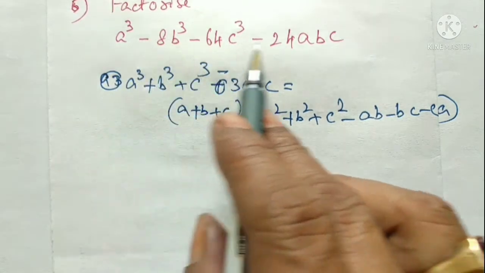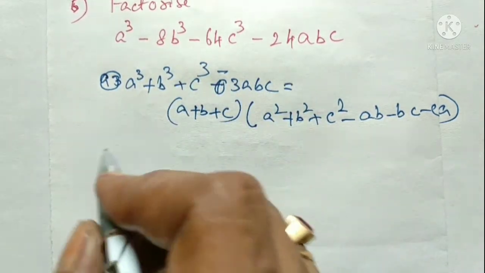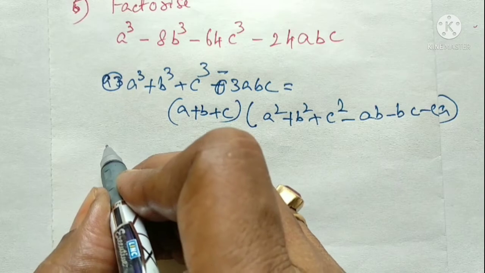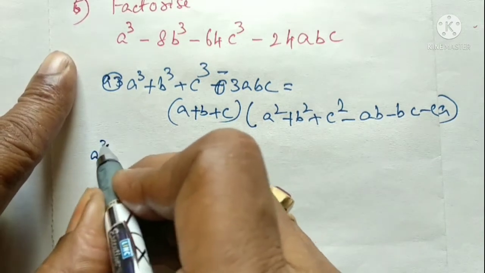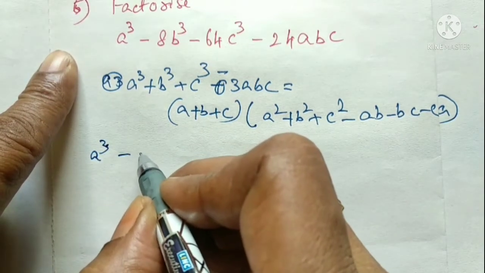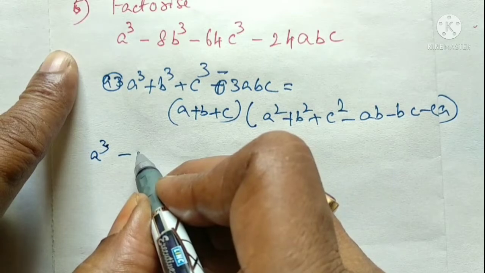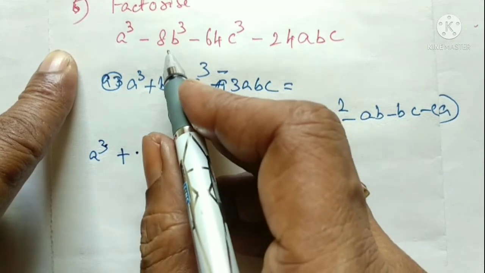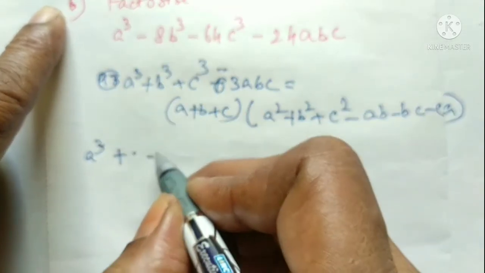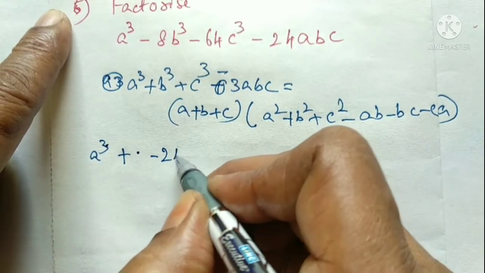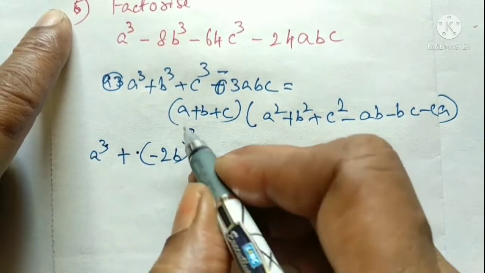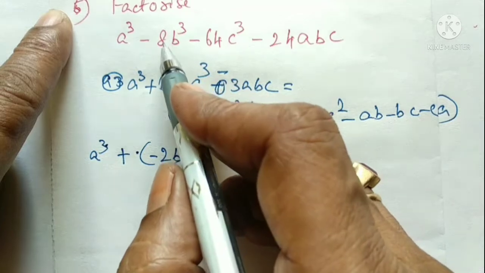So the given algebraic expression we are rewriting here as a cube, minus 8b cube can be written as (minus 2b) whole cube, since minus 2 cube means minus 8.